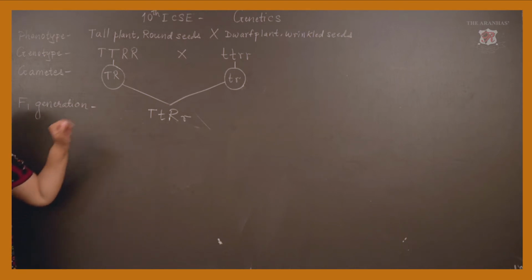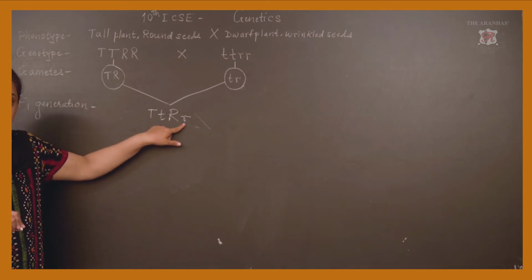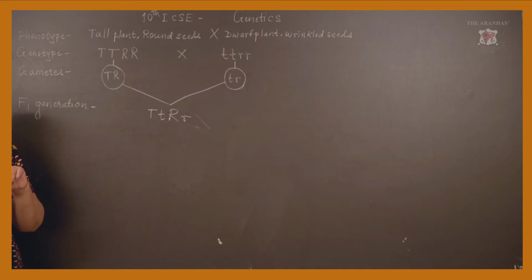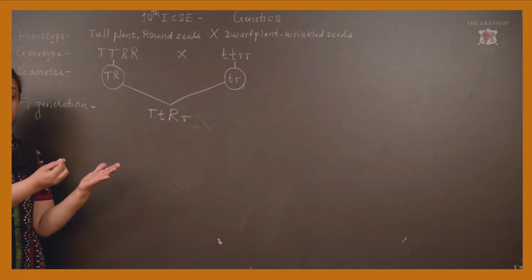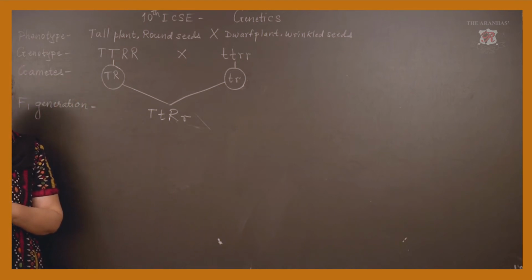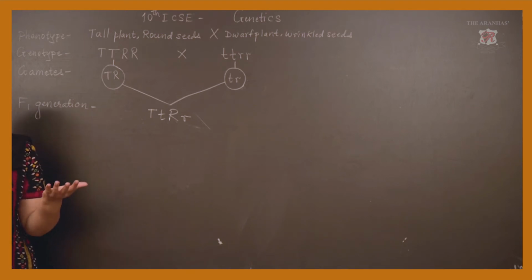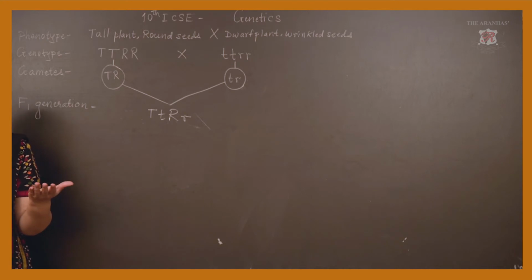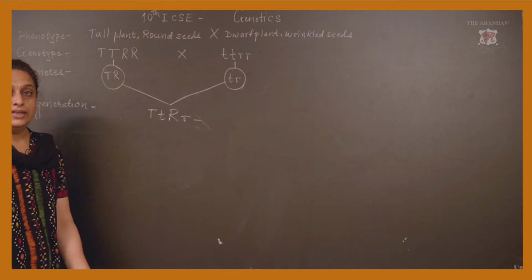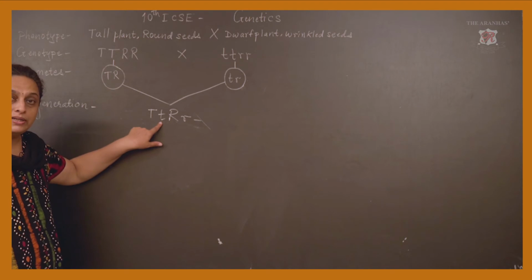Now capital T, small t, capital R, small r, this is the genotype of F1 generation. That means this is the combination of genes present in the plant. But how is the phenotype? If these plants grow, what will be their appearance? See now, in the appearance, the combination is capital T, small t.